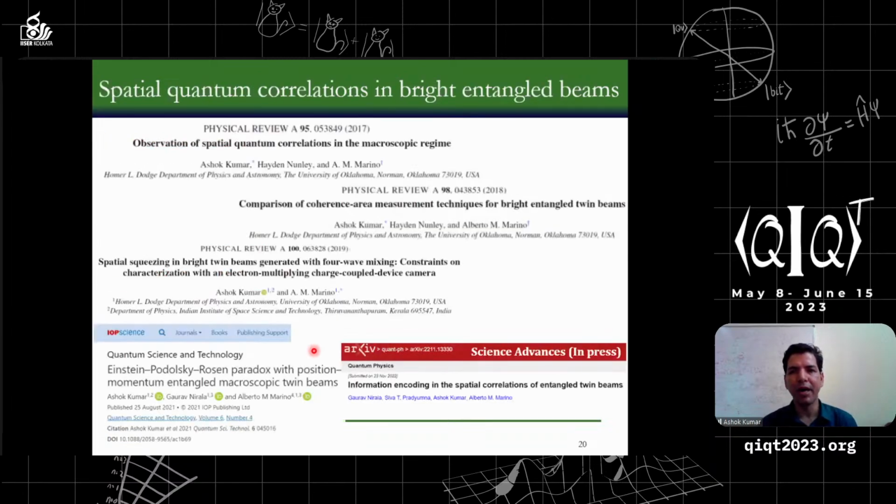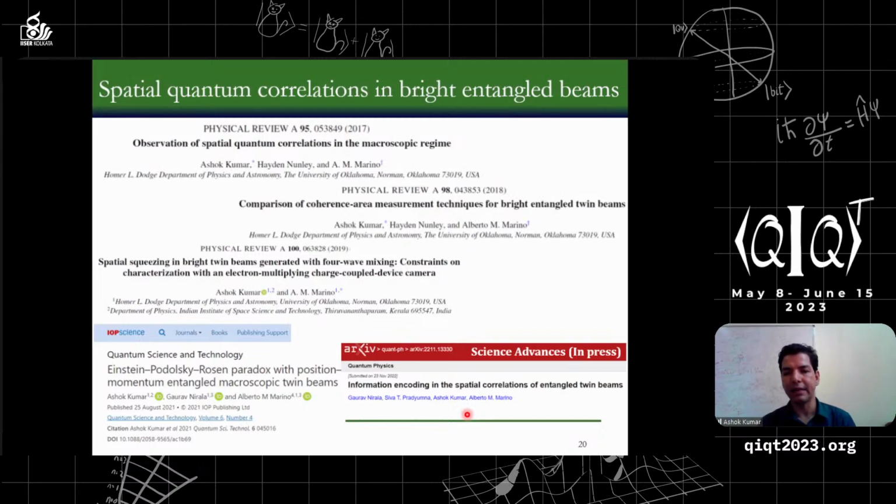Over the past few years, we have done a lot of study along these directions, starting from the first experiment where we showed that, of course, we can observe spatial quantum correlations with those beams. And with our very recent work, we have used those beams for something along the lines of quantum cryptography, where you can encode information in those beams.